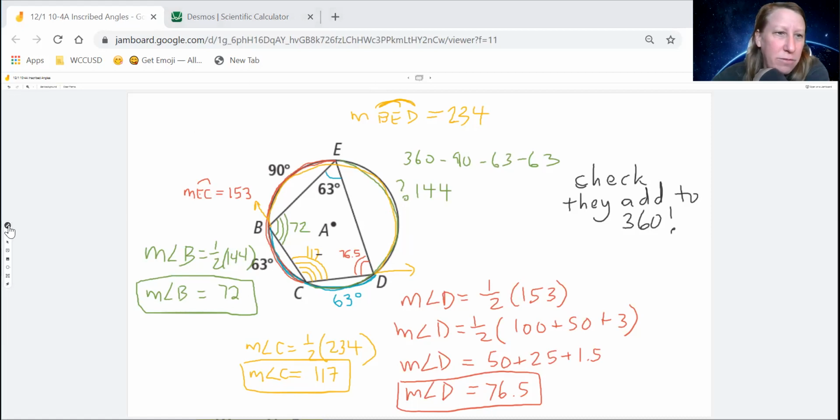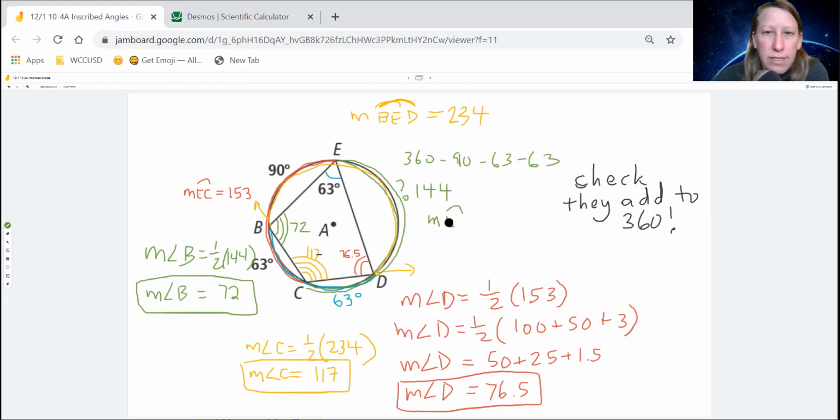Okay, my mistake is here. I only did 144, but what we needed was 144 plus 63. I missed this part. I did the measure of arc ED, but what I needed was the measure of arc EDC. So let's do that one.